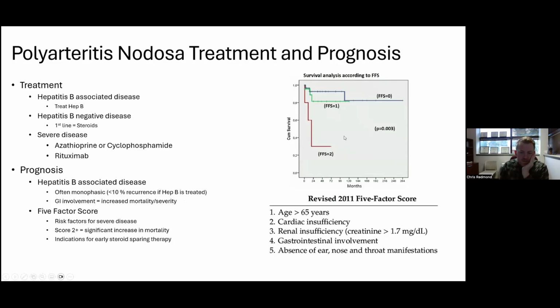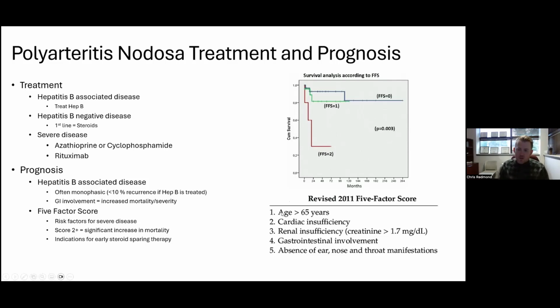This is something called the 5-factor score. It's been around forever. A lot of people still reference it in terms of identifying patients at risk for severe disease. So these are some old studies done over, like 15 years ago now, where they looked at risk factors for survival and mortality in patients with PAN, and they found that these are the major risk factors. If you had none of these, your mortality was 20% at 10 plus years, which is relatively good.